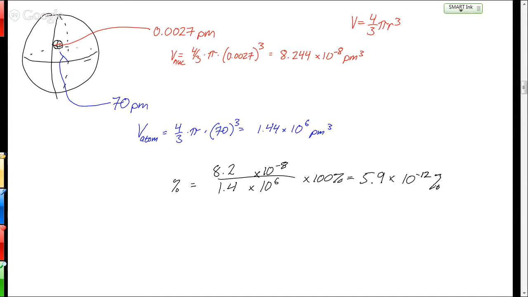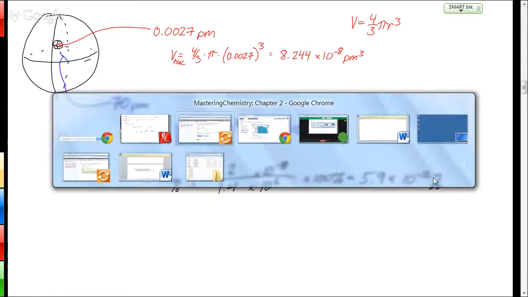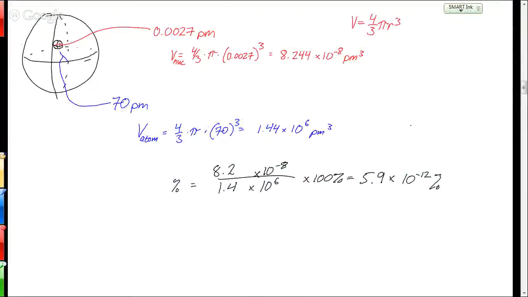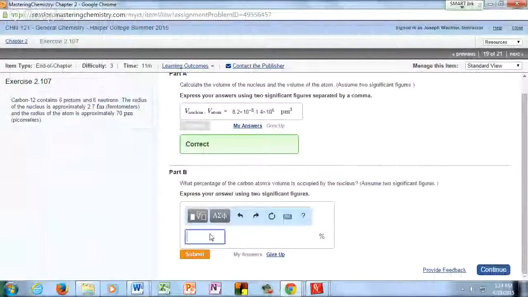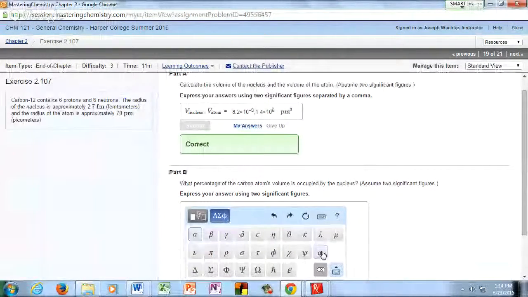Is that right? Yeah. 5.9 times 10 to the -12 percent. So that works.